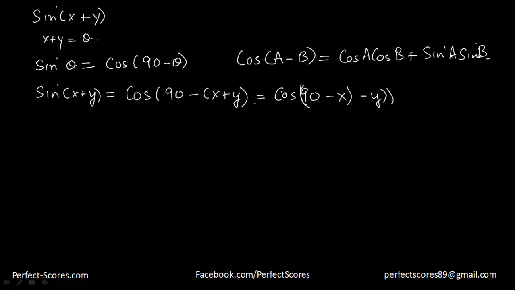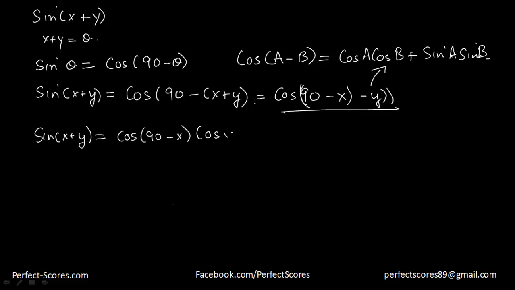So if we now open this up, break this up into parts, we're going to have the value of sine of x plus y equal to cosine of a, which is cosine of 90 minus x, into cosine of y, plus sine of a, which is sine of 90 minus x, into sine of y.